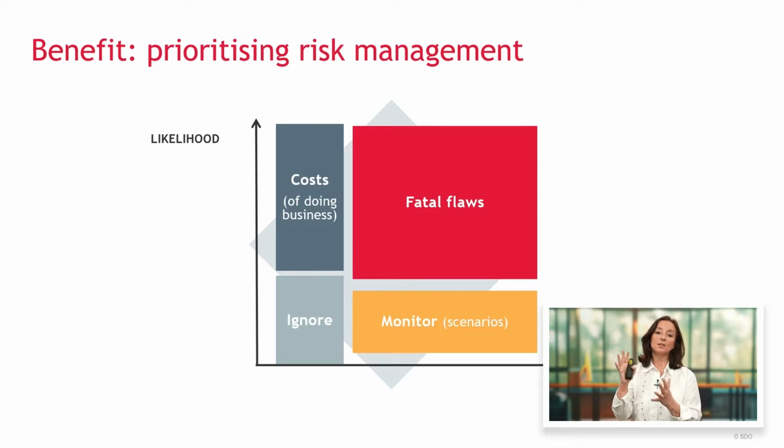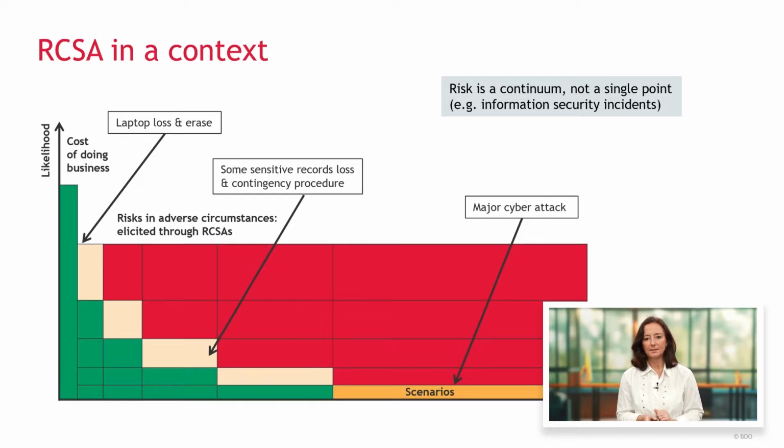You want these red quadrants to be empty, and you want to decrease your risk as much as possible on the left-hand side of the graph into these mundane small risks, even if they're likely, that sort of operating cost of doing business, and then limit as much as possible this amber rectangle where you have a low likelihood for a high impact risk. So it's really a resource allocation exercise more than anything else.